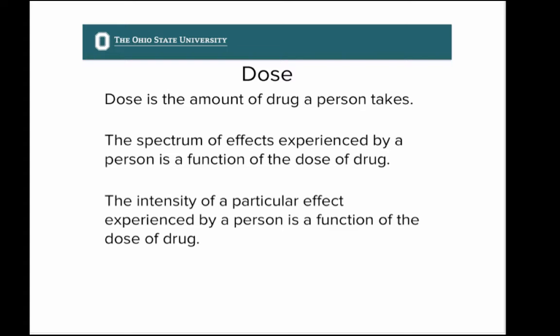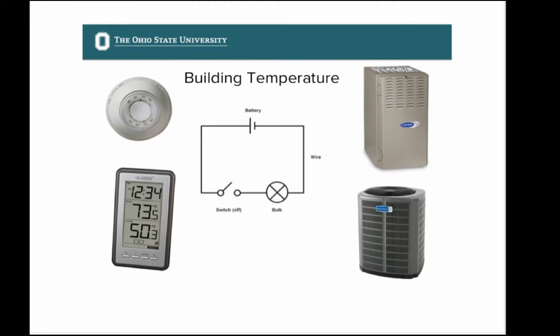The thermostat measures the temperature, and when the temperature drops below the desired range, the thermostat closes an electrical circuit and turns on the furnace, which then produces heat and warms up the building. When the thermostat registers that the building has warmed up to the appropriate temperature, it turns off the furnace.